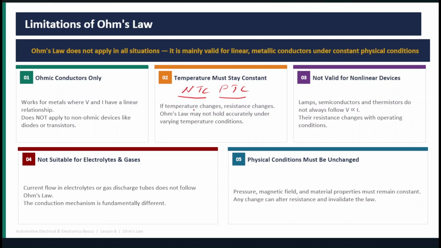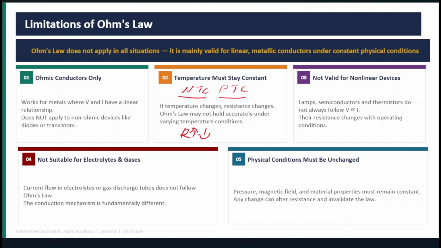We have seen if resistance increases or reduces, then there will be a change in current, because we are maintaining the voltage as constant. So it is not applicable. It is applicable only where the temperature remains constant.